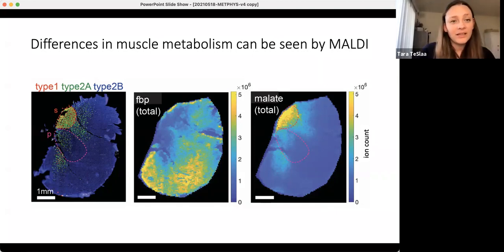And this is what is classically known about white muscle, is that it has high glycolytic capacity and has a lot of glycolytic intermediates and enzymes. And then when we look at malate, we can see that it's very high in the soleus and the redder regions of the gastrocnemius and the plantaris muscle. And this is also what is known, is that there's a lot of mitochondria in these fibers and therefore more TCA cycle intermediates.